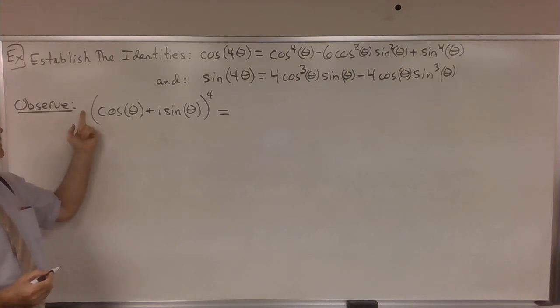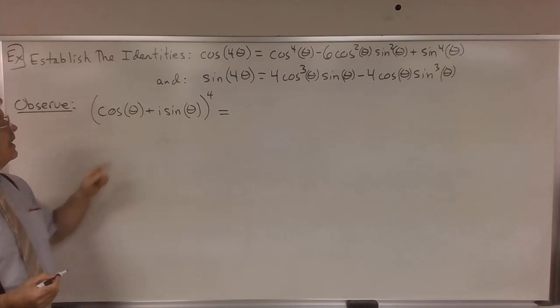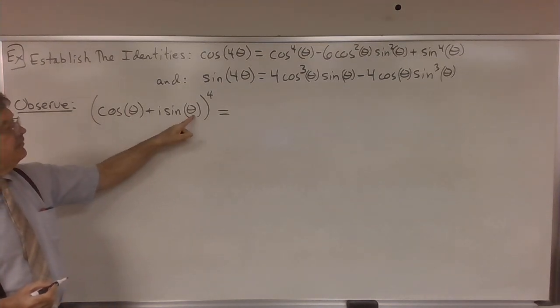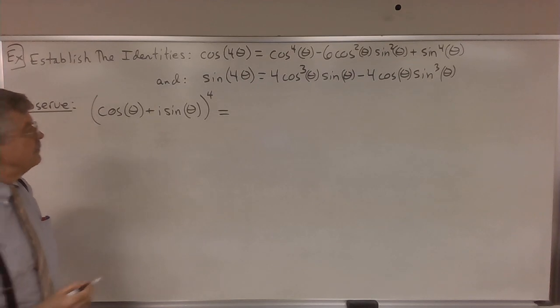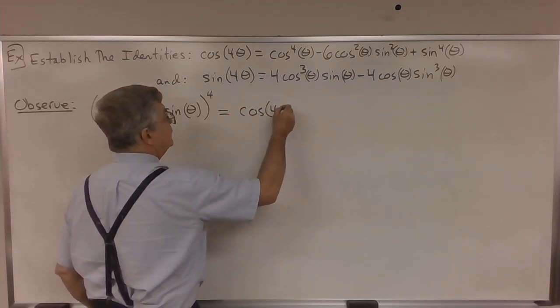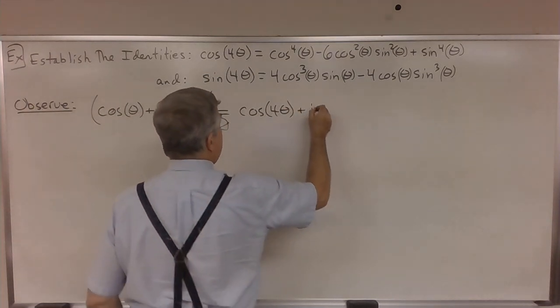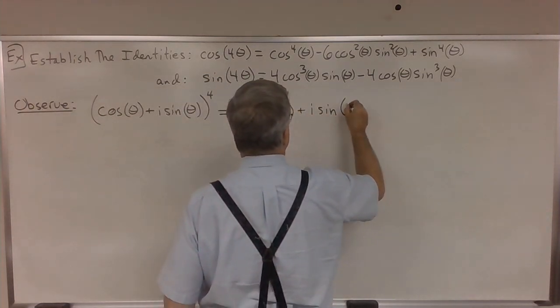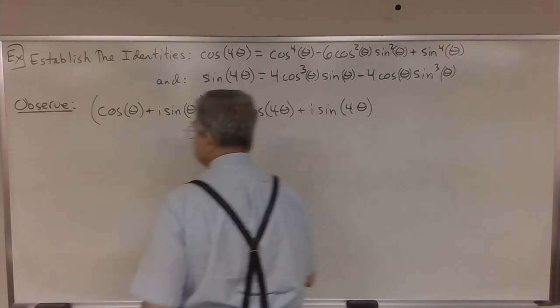So we raise the modulus to the 4th power. We get 1 to the 4th, which is just 1. And we multiply each of these angles by 4. So we get cosine 4 theta plus i sine 4 theta.